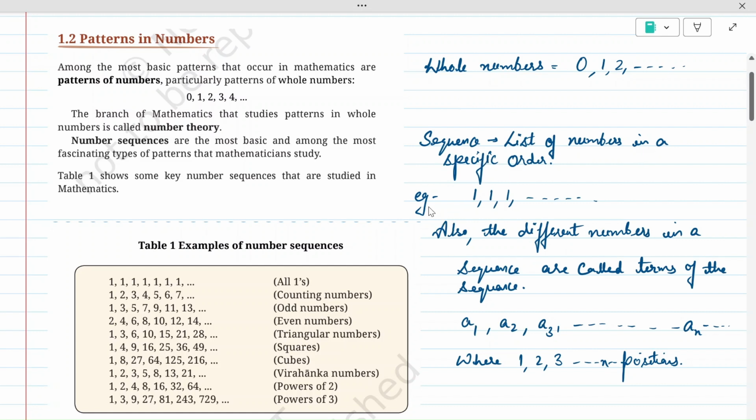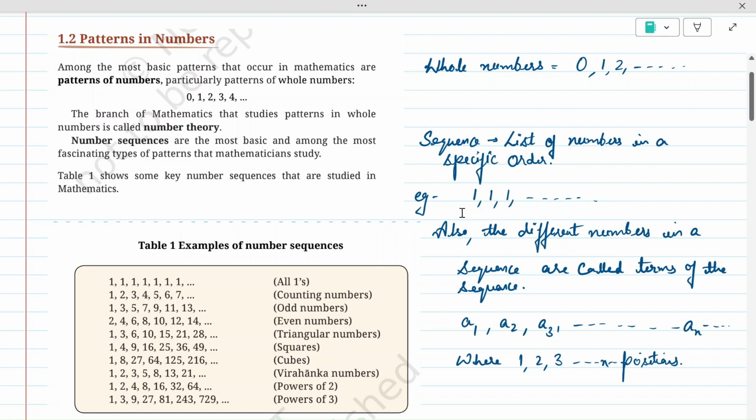Here I have taken an example of a sequence which contains all ones. The different numbers, that is 1, 1, 1, are called the terms of the sequence. This complete list is a sequence and these are the terms of the sequence.